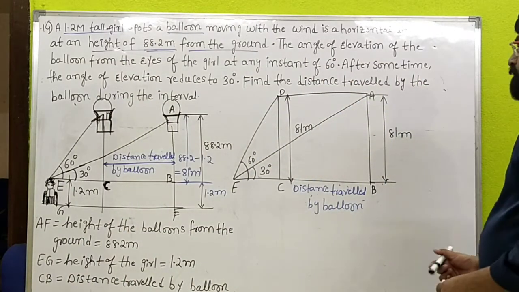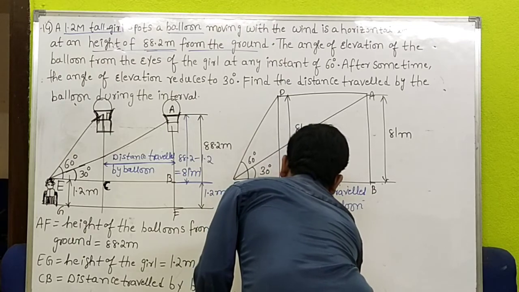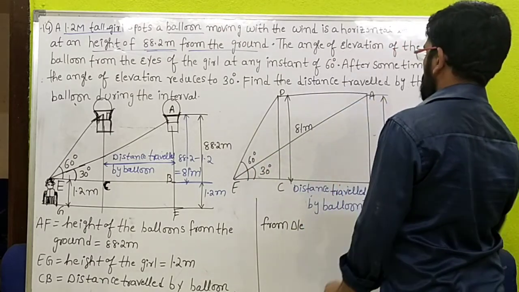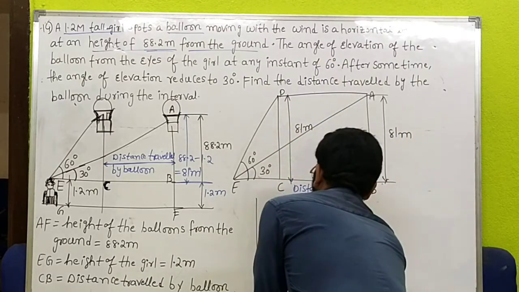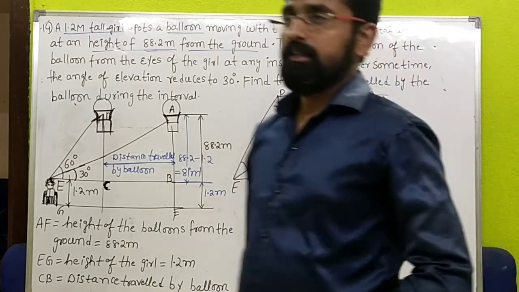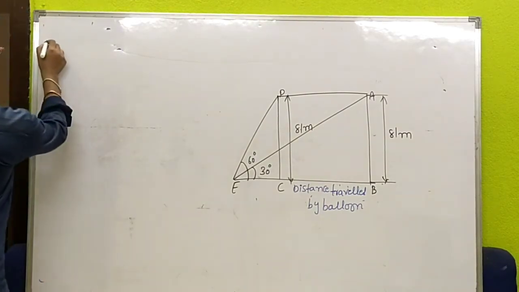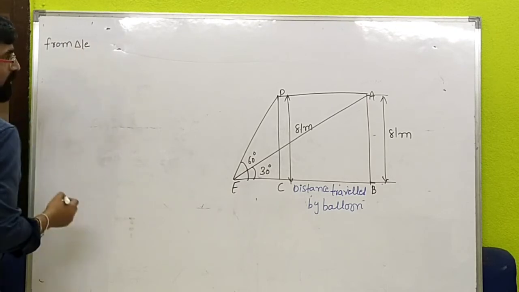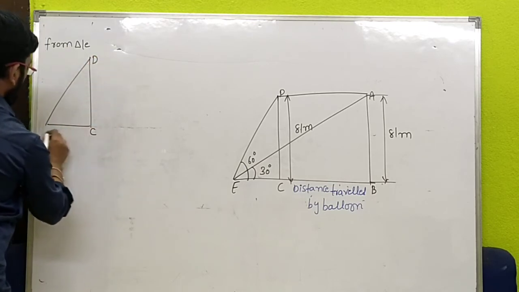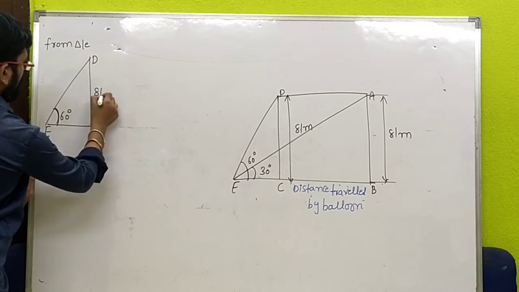So now consider the triangle. From triangle DCE, theta equals 60 degrees, and this is 81 meters.